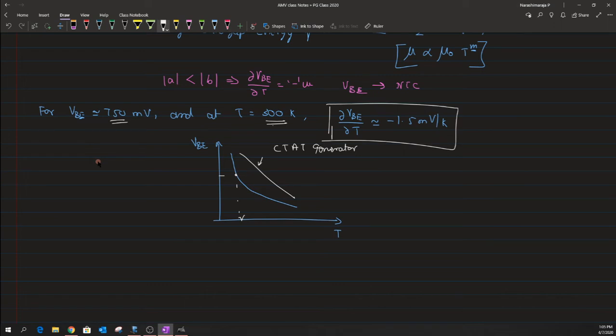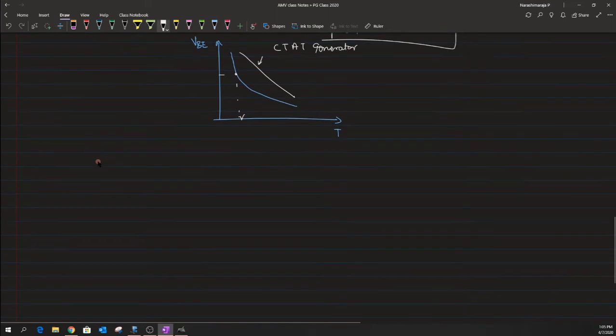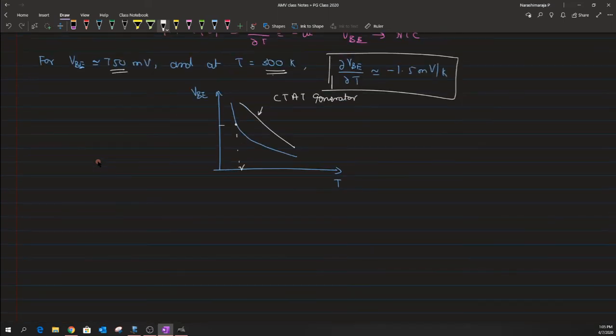Now when we try to design a circuit which is a combination of both CTAT and PTAT, we have the weighing factor alpha 1 times VBE. Still we do not know what this V2 is, let me explain later.